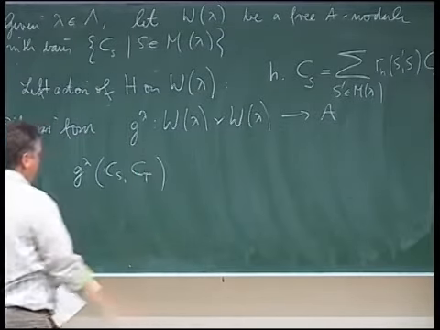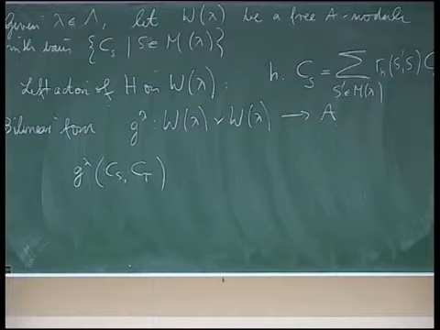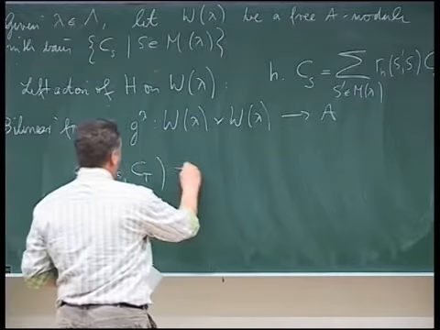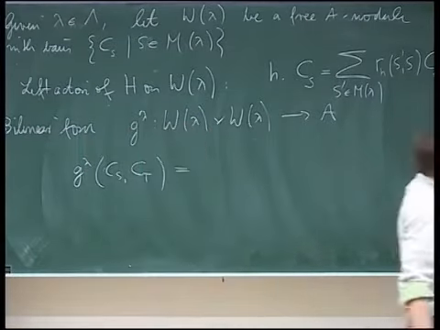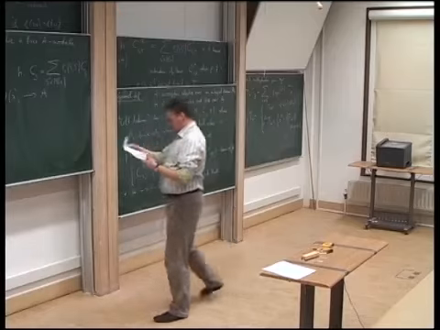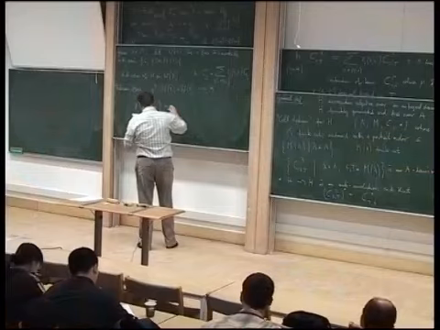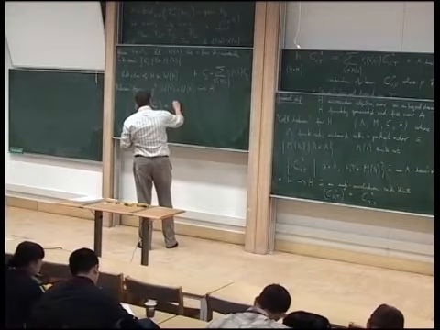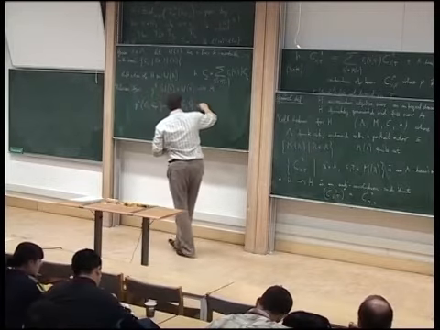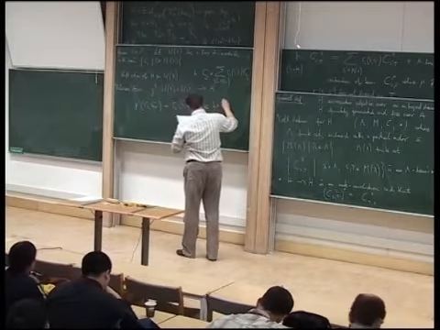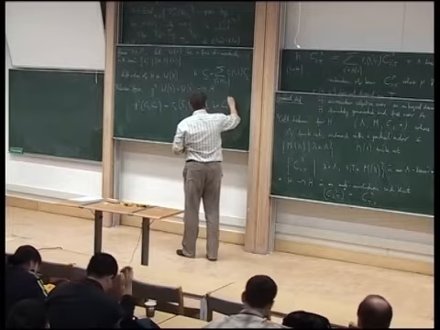I have to say what this product should be. This is again an element of A, which is such a structure constant, and it's the following. It's R, H, S, comma S, where H is this basis element.